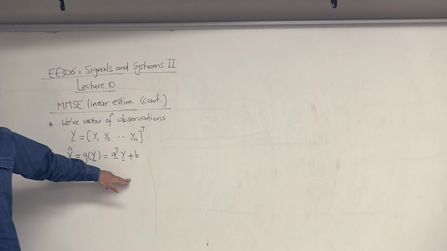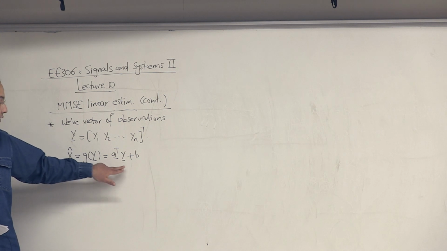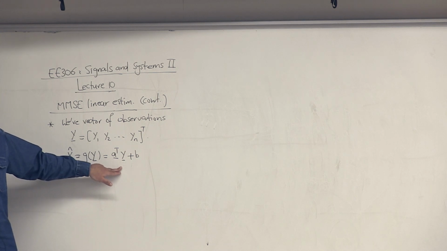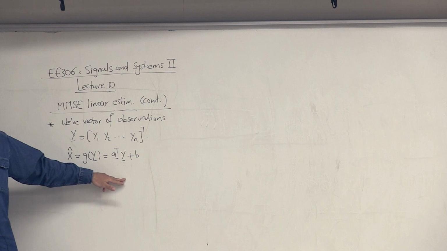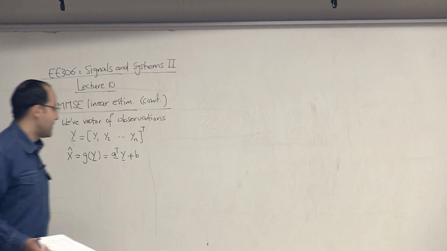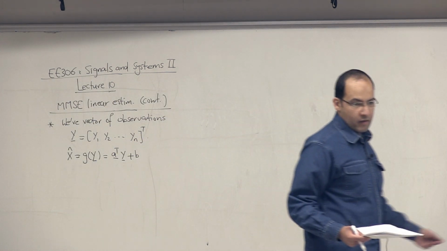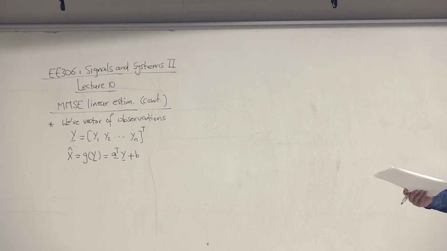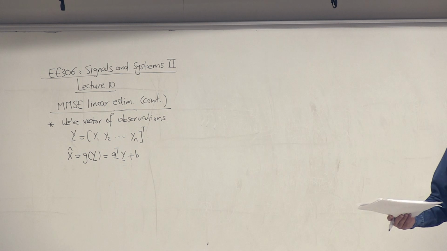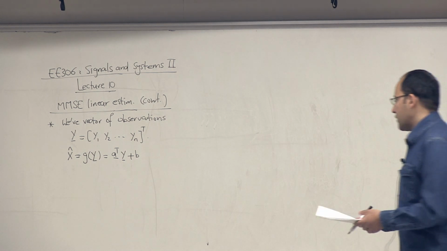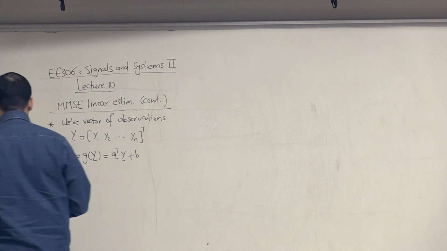So A transpose y is a scalar, and you would guess it has to be a scalar because you are estimating a scalar x, right? So it's a function of a vector that gives you in the end a scalar.